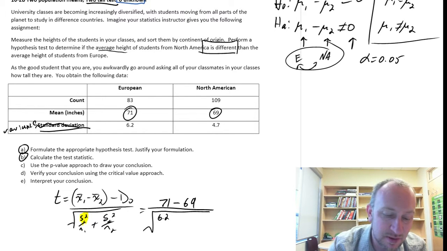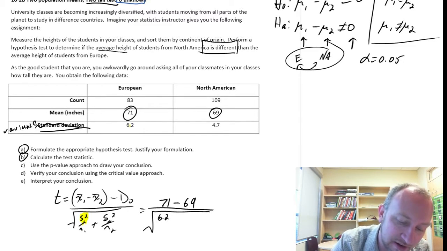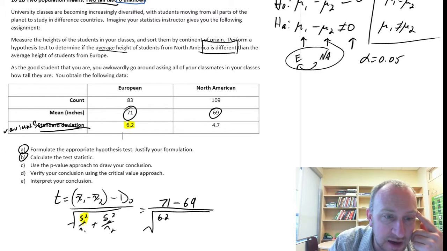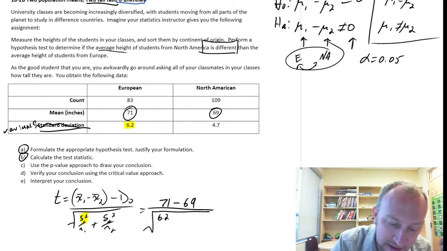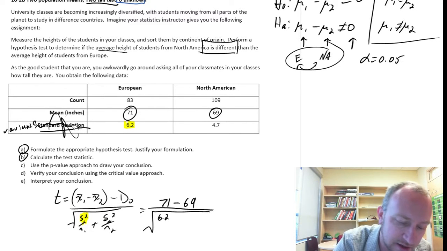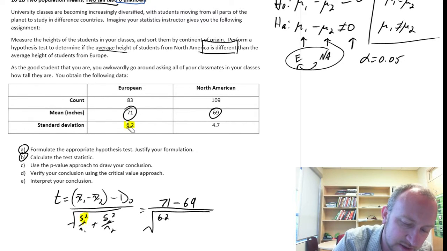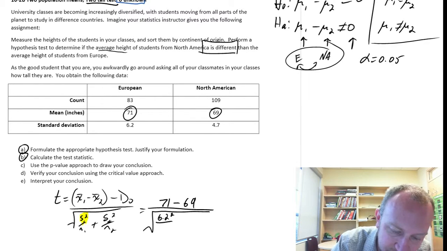So if this were the variance, then we wouldn't square it. But in this case, that's not the case. I'm just pointing it out in the event that that ever comes up. So here we have the standard deviation, so we need to square this. Divided by our sample size is 83, plus this one is 4.7 squared over 109.